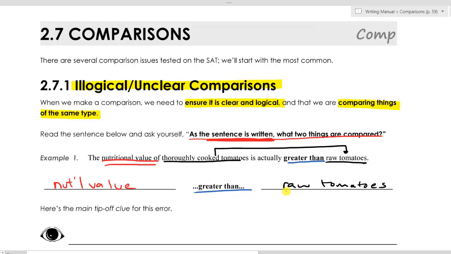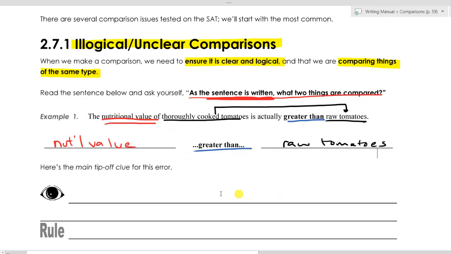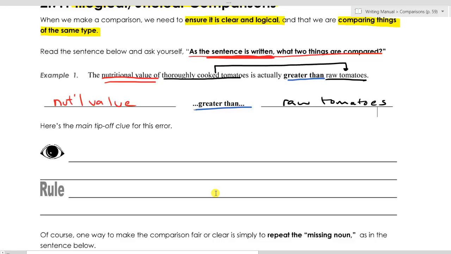The way that we would fix this we'll get to in a second, but let's talk about the tip-off clue for this error first. The tip-off clue is basically anytime you see a comparison being made, and the most frequent and probably easiest way to know that a comparison is being made is if you see "ER" words or "more" followed by the word "than."